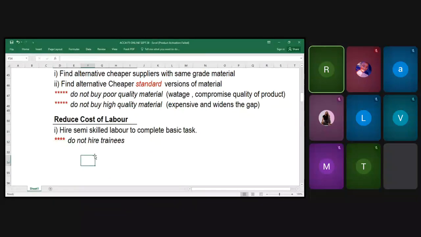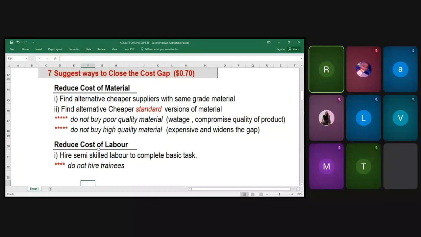Why? Anyone to try? Let's discuss, guys. For the class to be interesting, we have to be open. We have to discuss. All right. Why are trainees not a requirement here? Yes, Arthur.